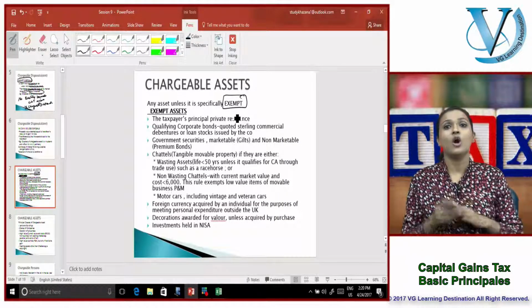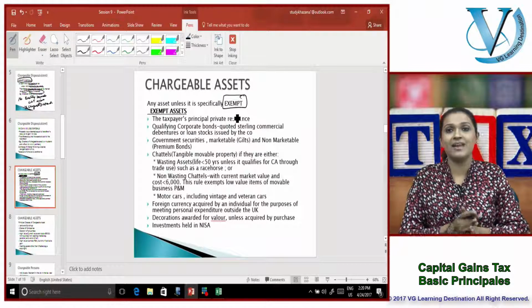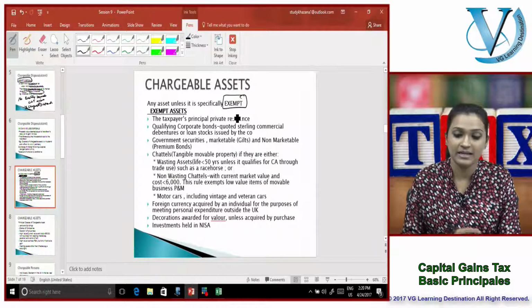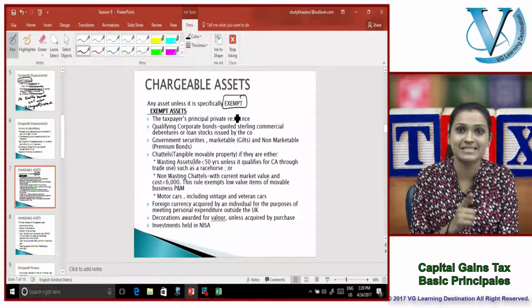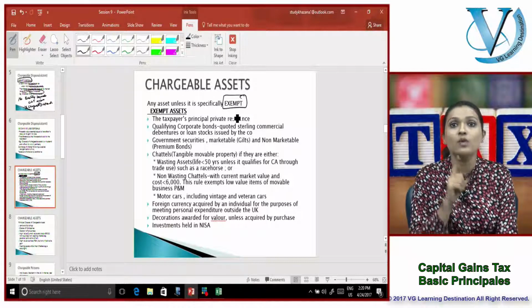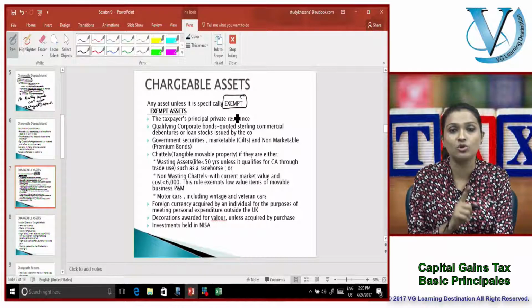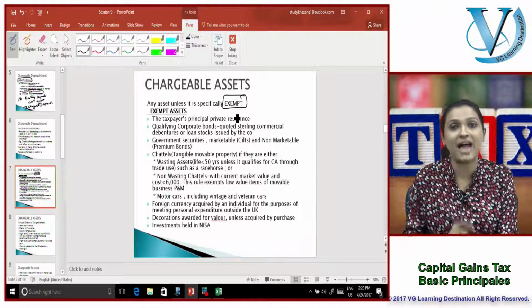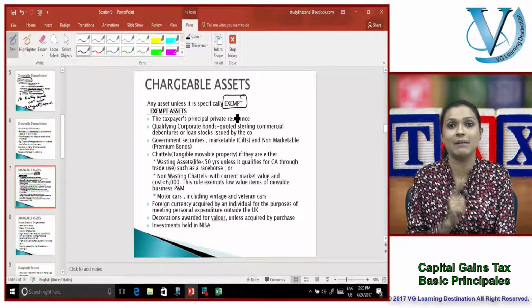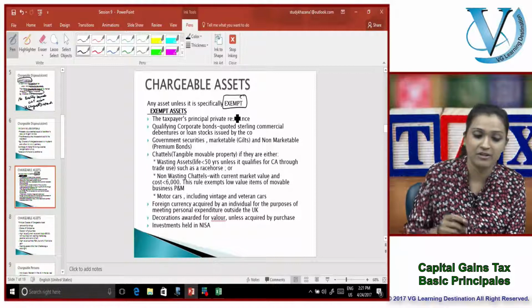So let's have a look at what assets have been specifically exempt from any capital gains tax liability. The first is the taxpayer's principal private residence, that is one home the taxpayer is allowed to have, live in and subsequently sell without attracting any capital gains tax liability.